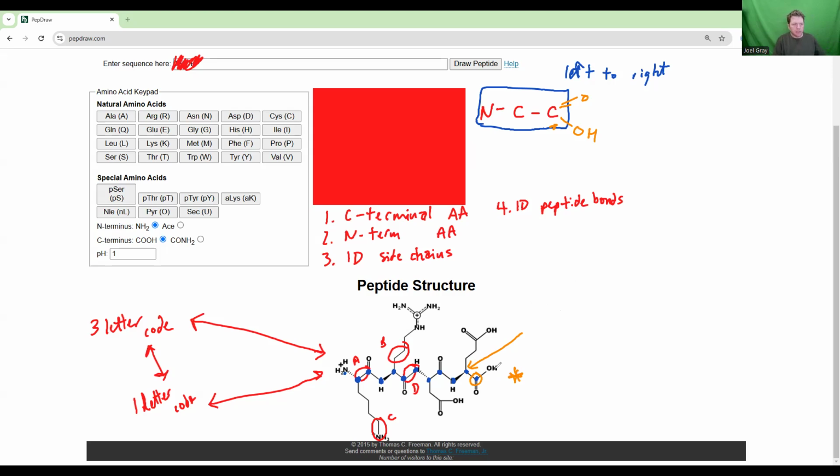Does anyone remember what that single atom is? It's got a hydrogen. Perfect, Chris. But what does it also have? It's also got our R group. So there's our R group. I just circled in orange the R group of our C-terminal amino acid. Can I get a thumbs up or something in the chat? Okay, cool, I got it.